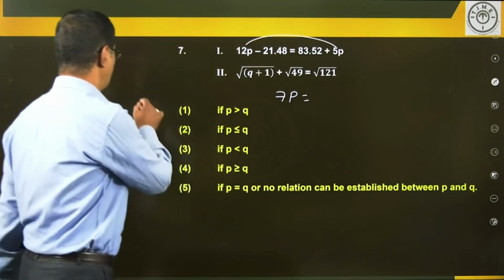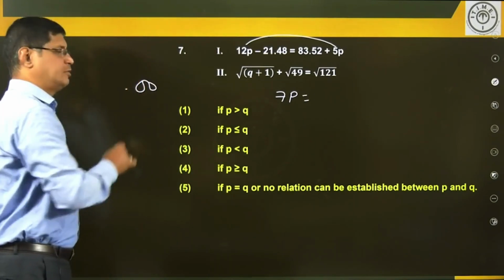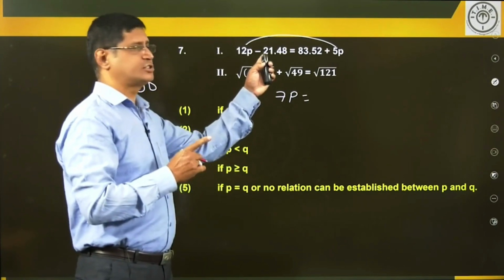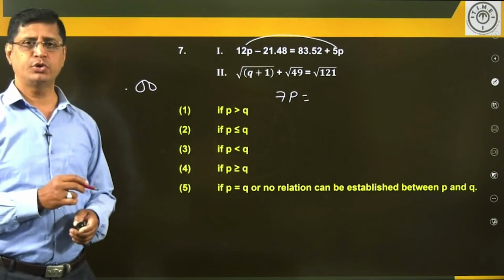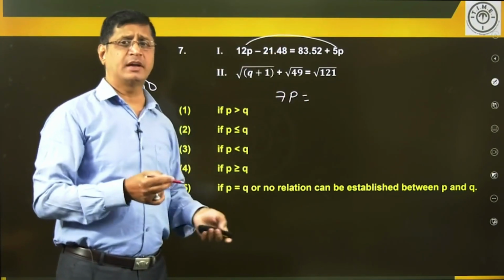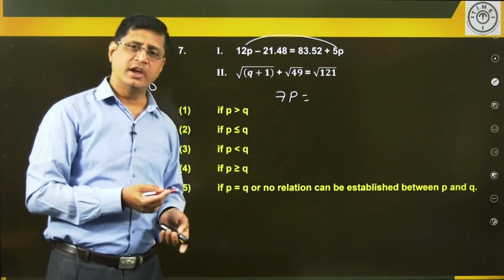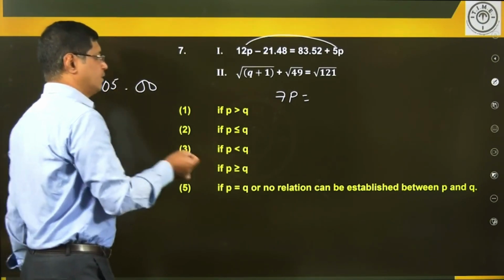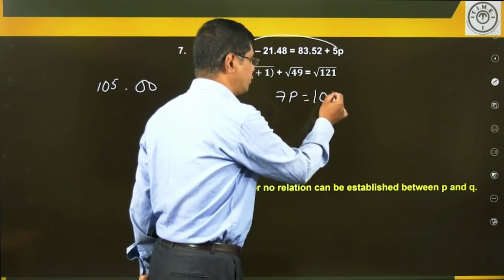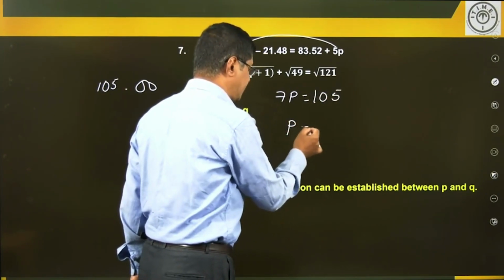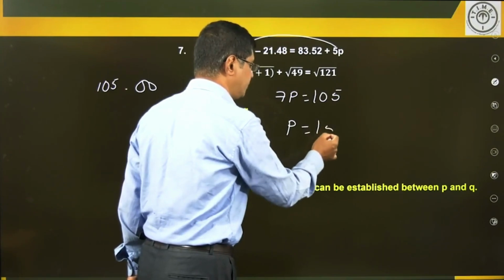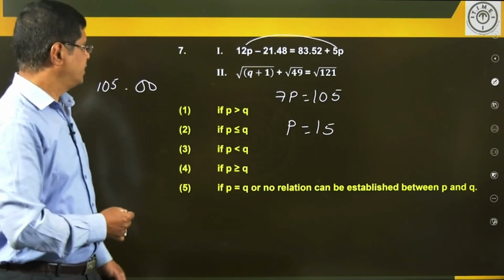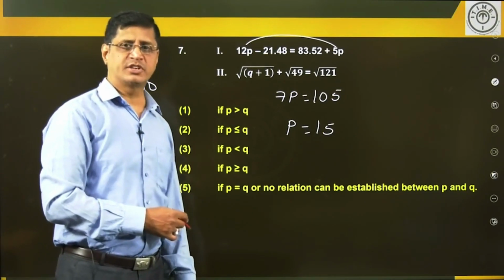So, after the decimal, 2 zeros. Now, what is next here? 1 plus 21, that is 22. 22, when you take it to the other side, becomes positive. So, 83 plus 22, that is 105. The value of 7P is equal to 105. How much is P? P is equal to 15. So, that is the first equation value.